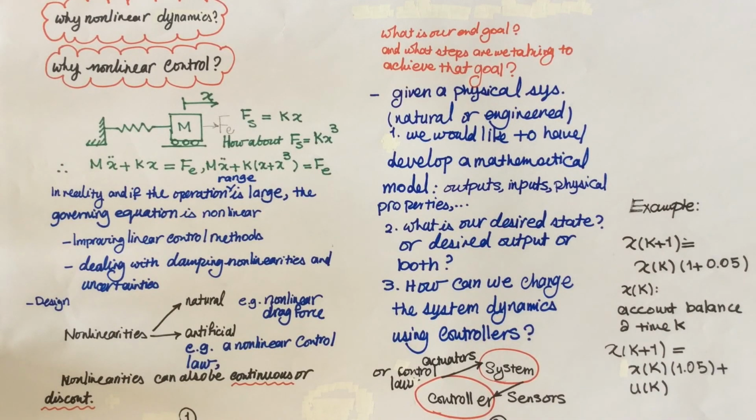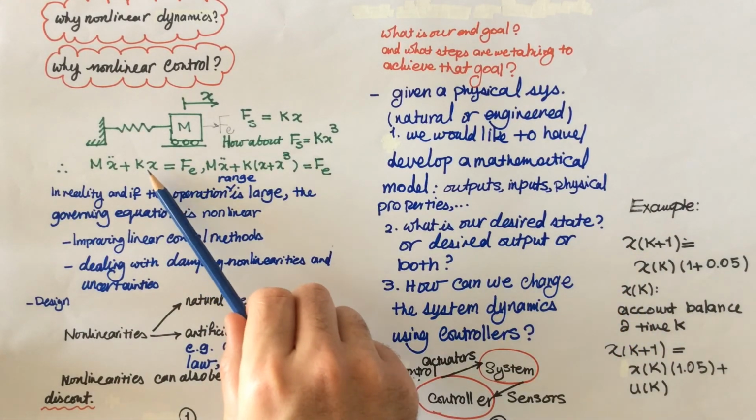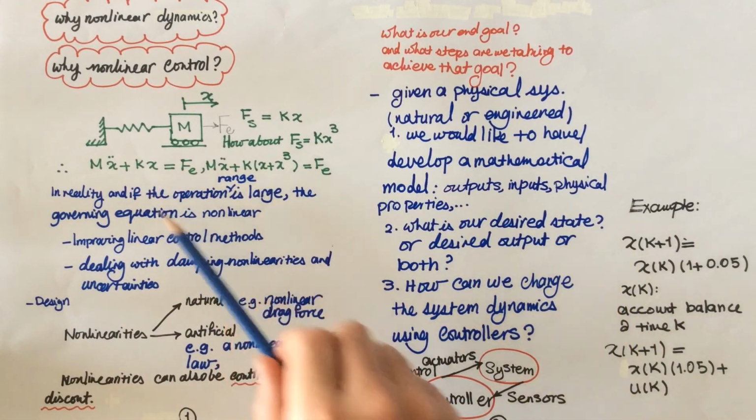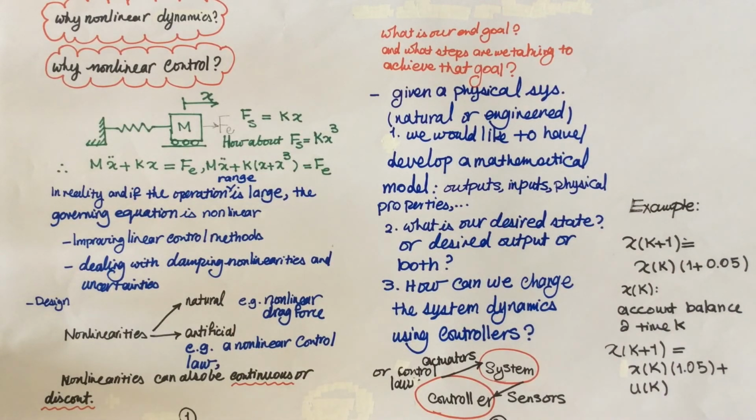Once you develop your mathematical model, the next question is, what is your desired state? Just back to this example, I said that let's assume that my desired state x needs to be limited between x1 and x2, right? Between 1 millimeter and 2 millimeters, for example.